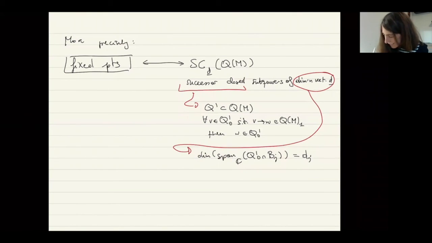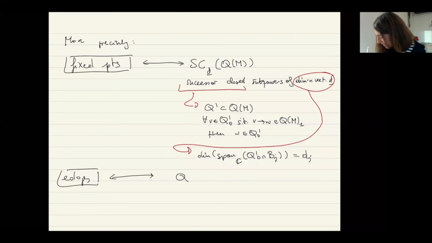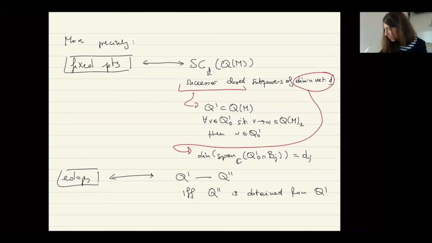And then the edges, okay, 1 minute. The edges can be read off in this way. You have an edge from Q prime to Q second if and only if there's a procedure by which you get Q second from Q prime.